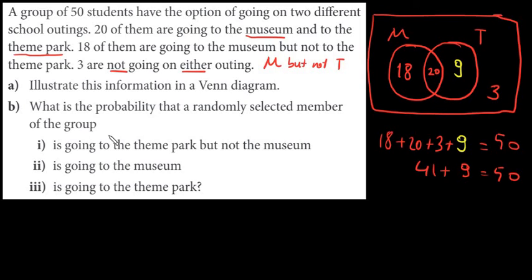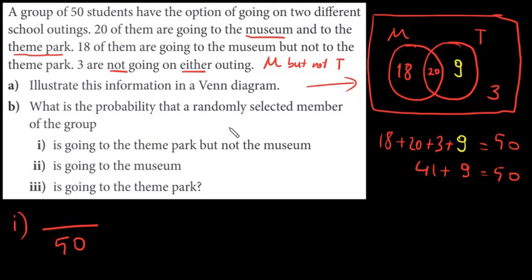Okay, so let's look at the questions. Illustrate this information in a Venn diagram. We have already done it, as you see. So let's do question 1. What's the probability that a randomly selected member of the group, any member of the group, right, so we have to put 50 in the denominator, is going to the theme park but not the museum?